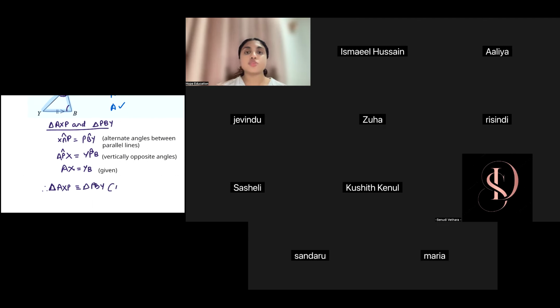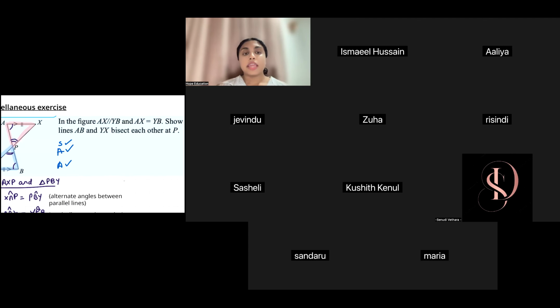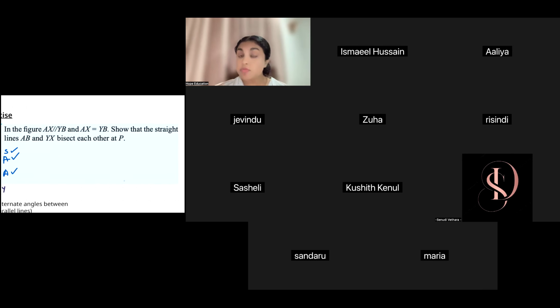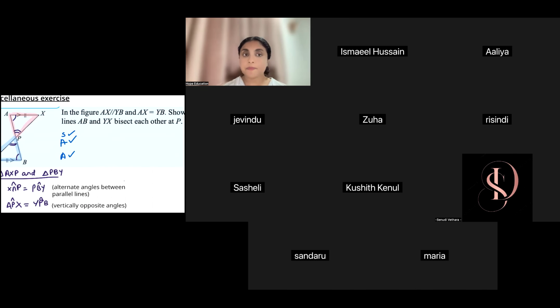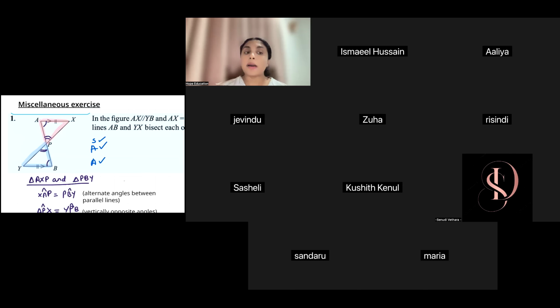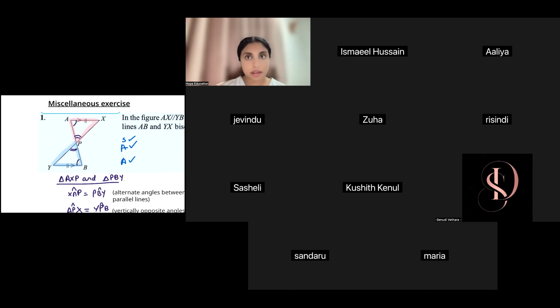What are they asking us to prove? AB and YX bisect each other at P. Now, Lamai, look at this. Since these two triangles are congruent, can you see that AP side is equal to PB side?